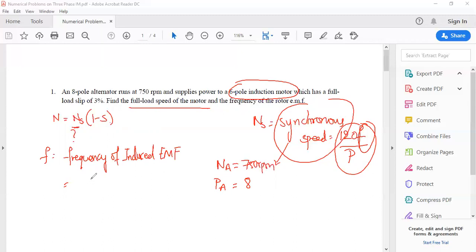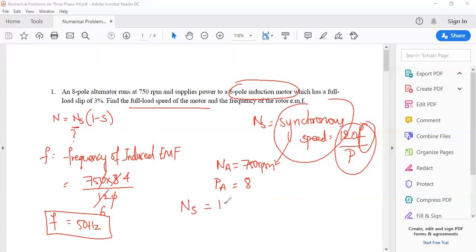So F equals Na times Pa divided by 120, that is 750 times 8 divided by 120. The zeros cancel, and finally you get 50 Hertz. So the frequency is 50 Hertz. You can use a calculator to verify it. This is how we find the frequency of the induced EMF.